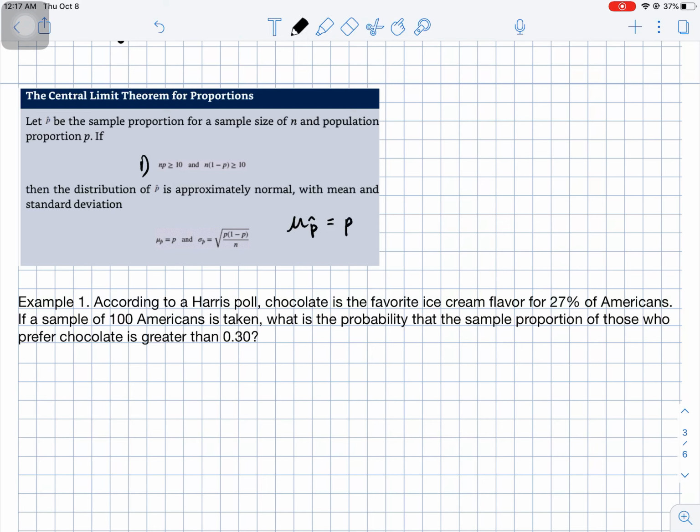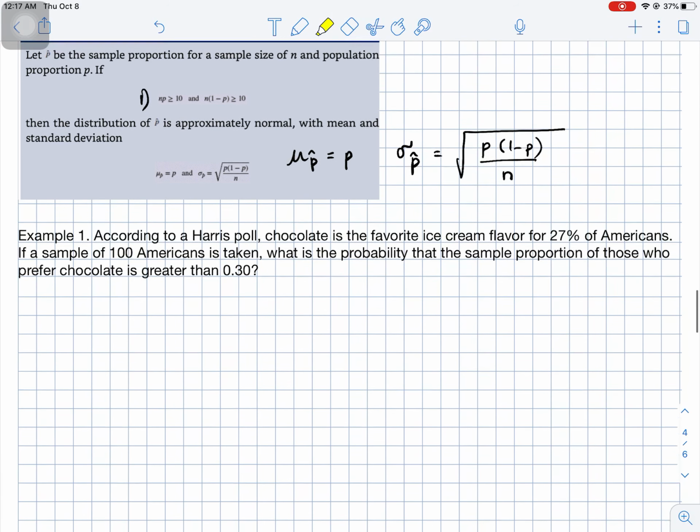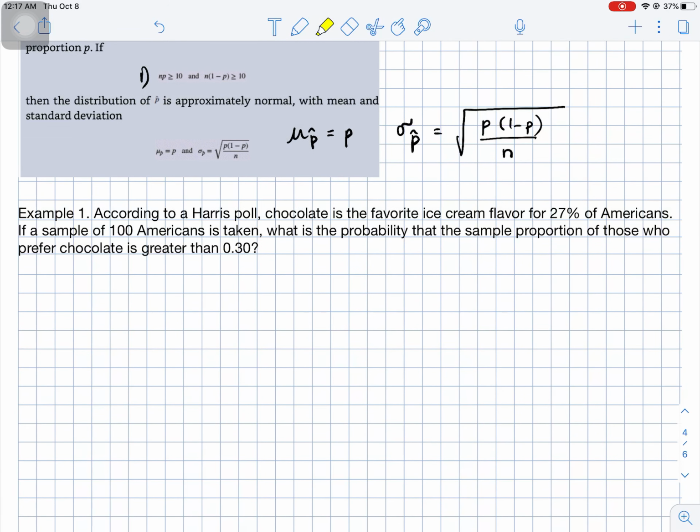The distribution of p hat is approximately normal with the mean mu of p hat equal to p, which is the population proportion, and the standard deviation sigma of p hat equal to the square root of p times 1 minus p divided by n.